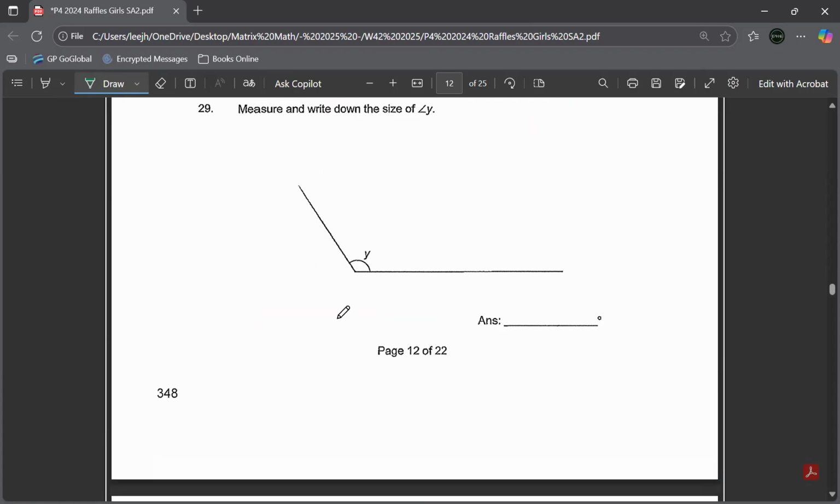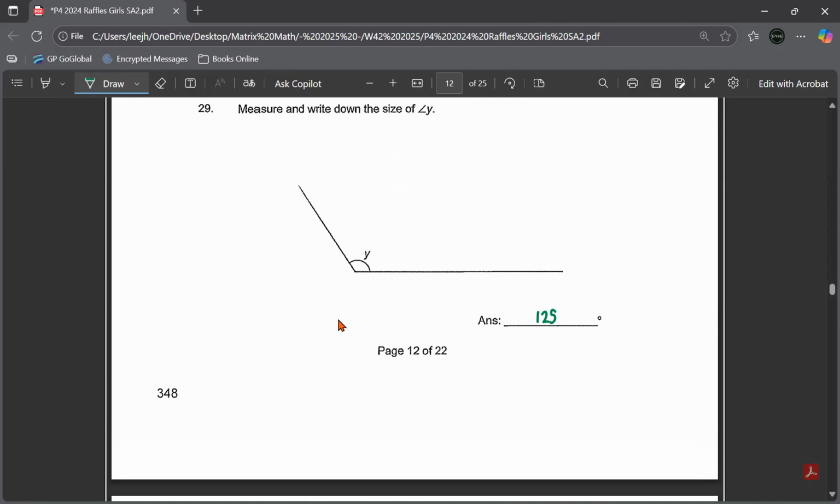Question 29. Measure and write down the size of angle Y. Okay, this one, I can only tell you that it's 125 degrees. If you put a protractor down, you will read either the inner or outer scale. So that means the angle is 125. If you get less than 90 degrees, that means you're reading from the wrong scale.